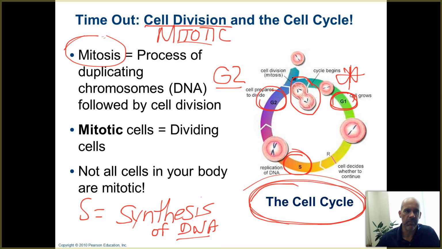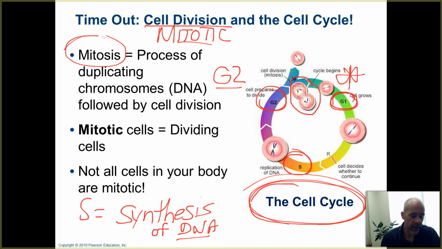There, the cell is having to manufacture things that are going to allow it to take its copied DNA and separate it into two new cells that are going to form, and make the other machinery that's needed to actually split the cell apart.